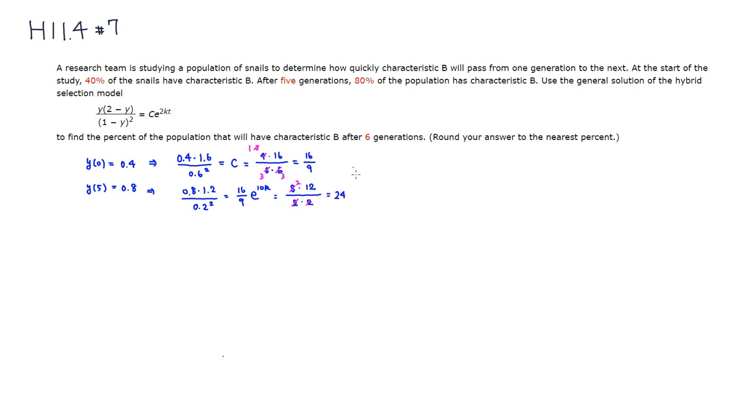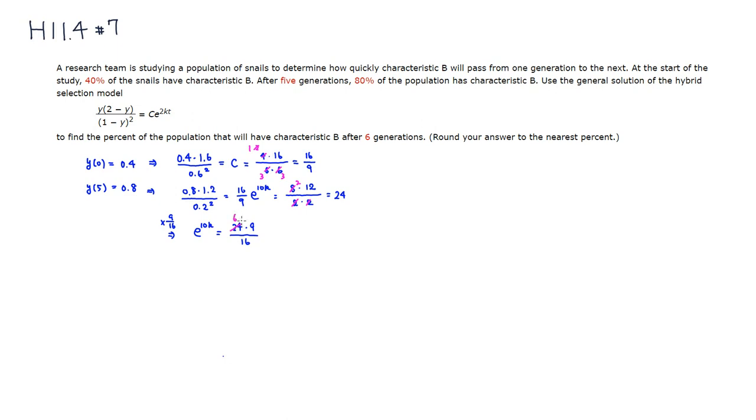All right, and so I'm going to solve for e to the 10k. I'm going to multiply top and bottom by 9 over 16, so that we have e to the 10k equal to 24 times 9 over 16, right? So this is a multiple of 4, right?